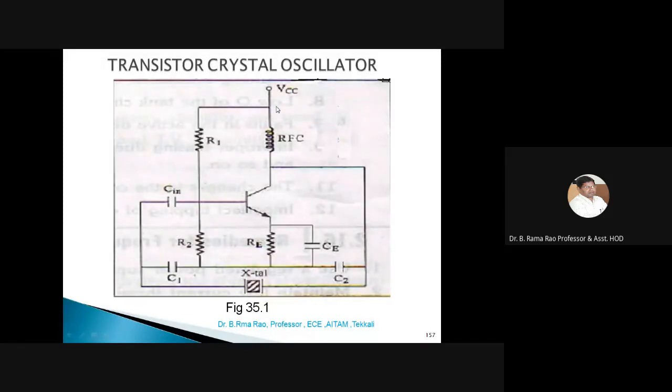You are familiar with the circuit diagram of the Colpitts oscillator, and this is almost similar. The only thing is that the inductor is replaced by the crystal. That's why it is also called the Colpitts crystal oscillator. Were all of you able to get the construction of the crystal oscillator circuit?